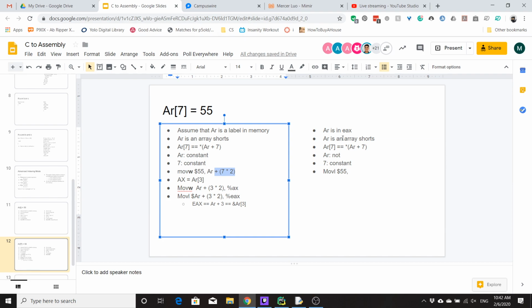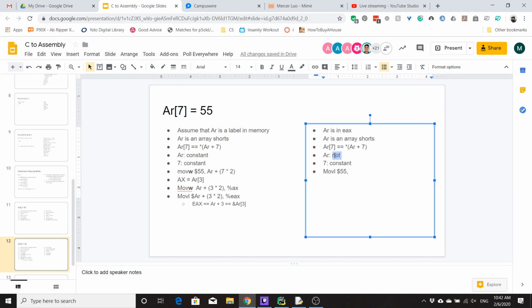If we go over here to the right-hand side, is AR constant or not? Given that AR is in EAX. Yeah, it's not constant because it's in a register. Registers can't be constant. They're registers. 7, of course, is still constant, so what's our expression going to look like over here?